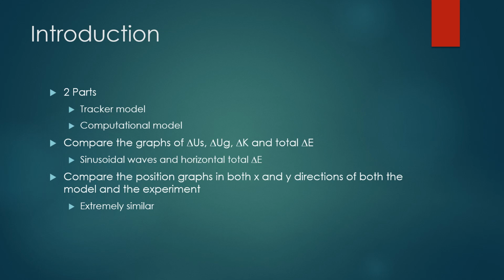Then we'll be looking at energy graphs that have both the changes in potential energy and the changes in kinetic energy, with the total energy also displayed on the graph, the sum of the kinetic and potential. And then we will compare the x and y positions of both the experimental and the computational model.